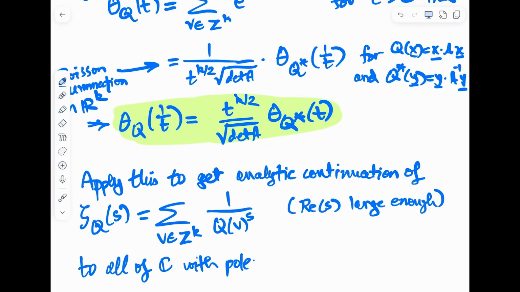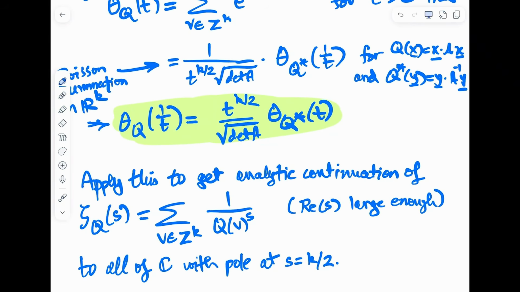and it's going to have poles, with a pole at k over 2.